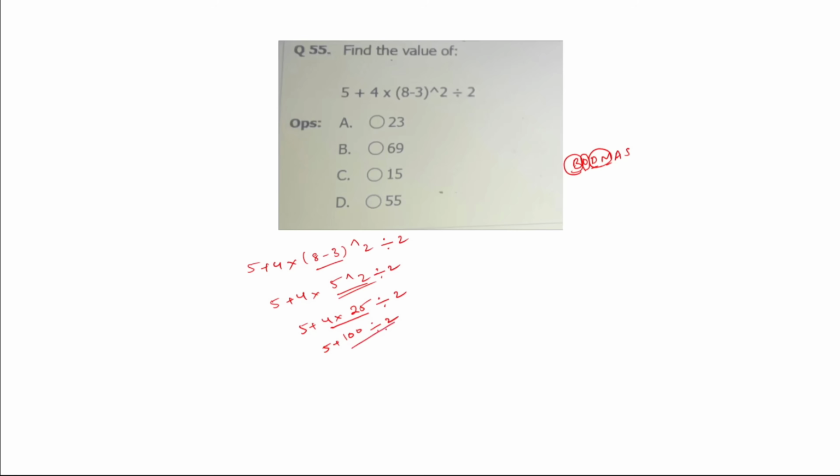So 100 by 2 is 50. Then we need to add 5 plus 50, which is 55. After solving this equation, we get the value 55. So the correct option is option D, 55. So when operations have the same priority, we need to calculate from left to right. Then only we will get the correct answer. Let's see the next question.